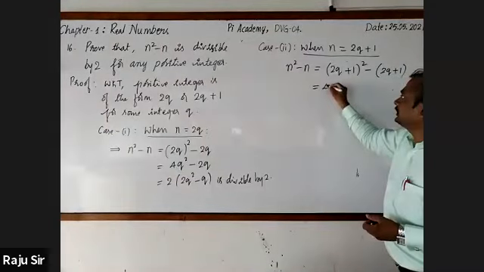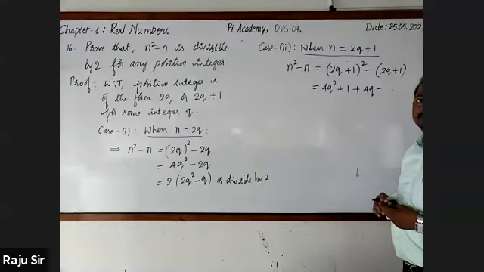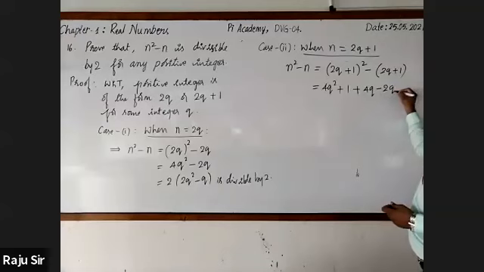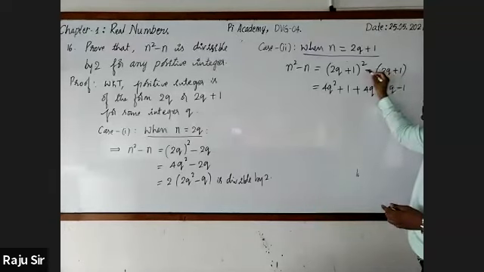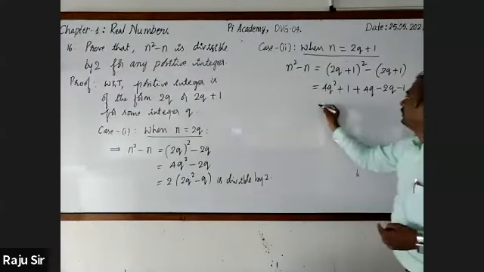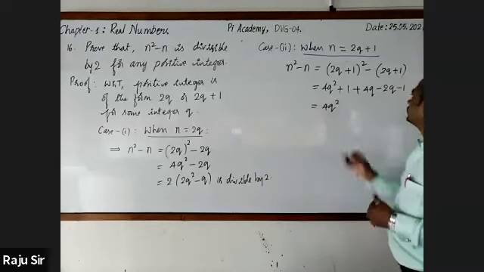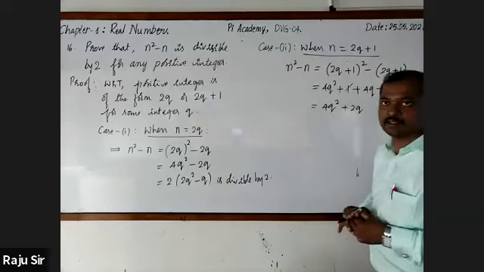A square is 4q square, b square is 1, 2ab is 4q. Minus 2q plus 1: we should be careful while using the sign. Minus should be multiplied with both, minus 2q and minus 1. Now this is equal to 4q square, then 4q minus 2q is 2q, and plus 1 minus 1 get cancelled.